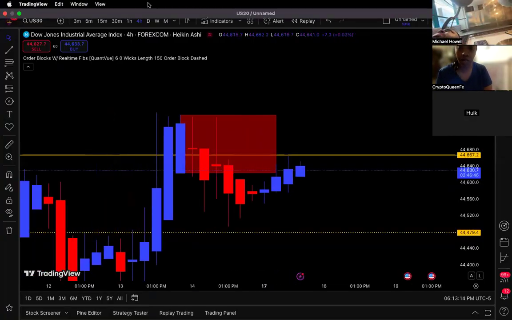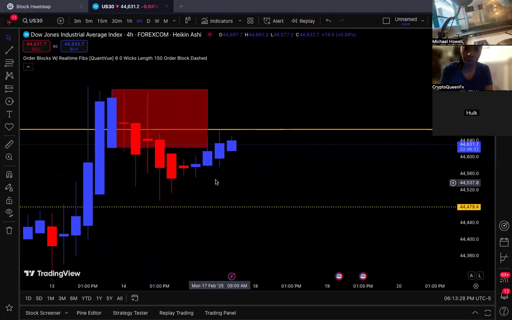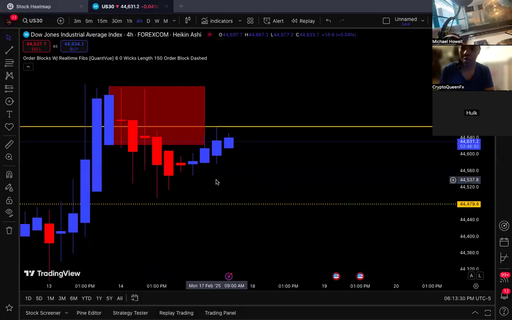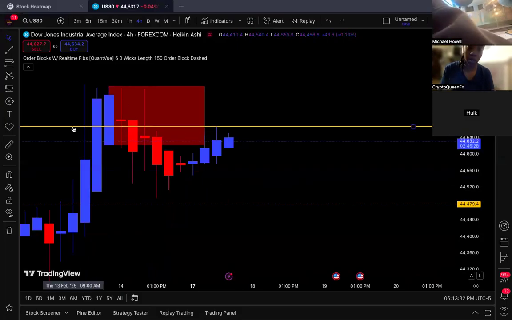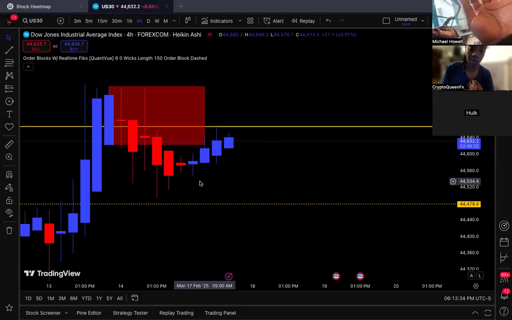But you wouldn't take this sell until New York session. Got the 30 marked up. And we're anticipating a sell to happen this week.